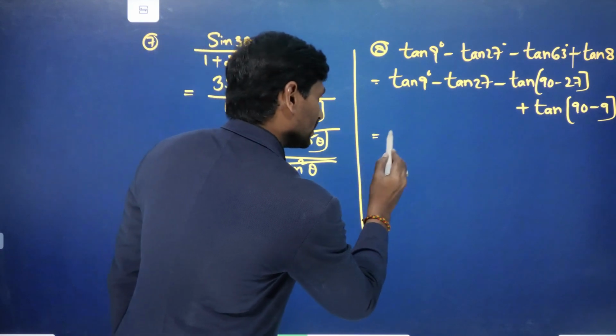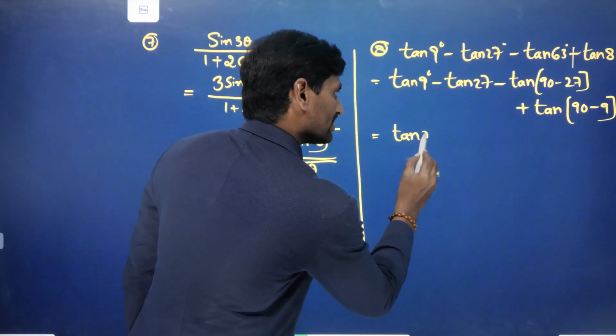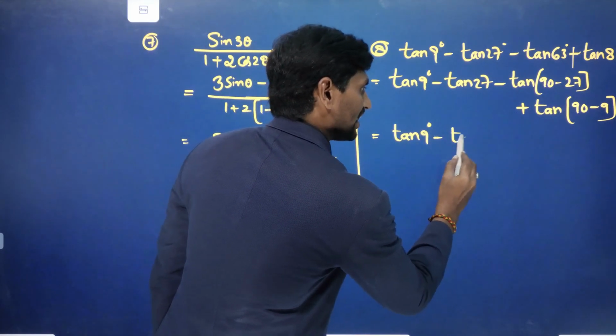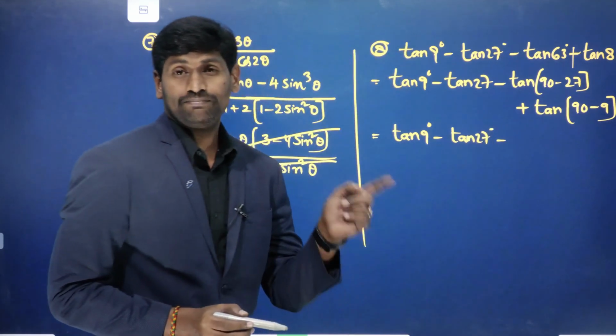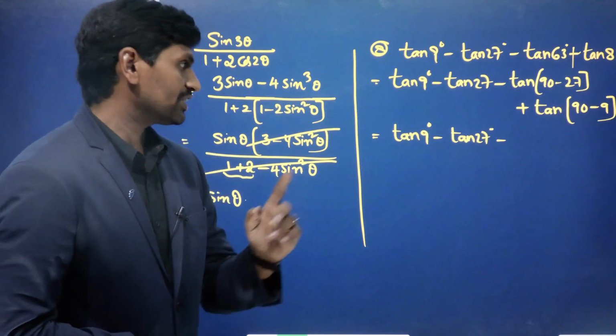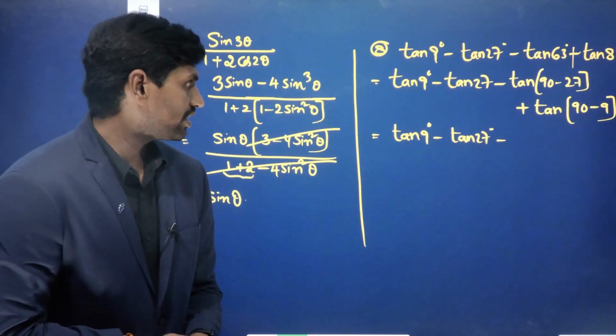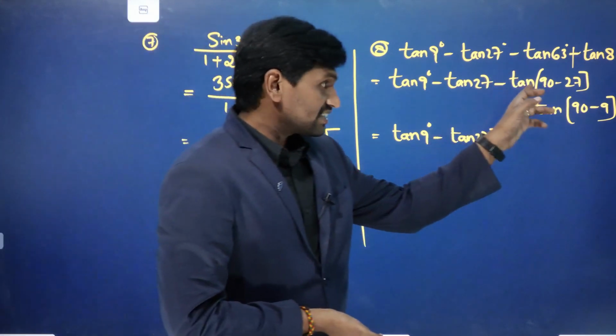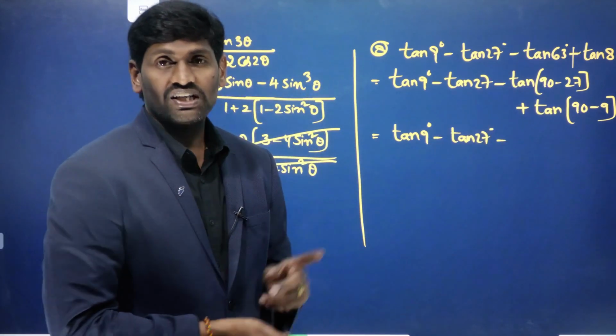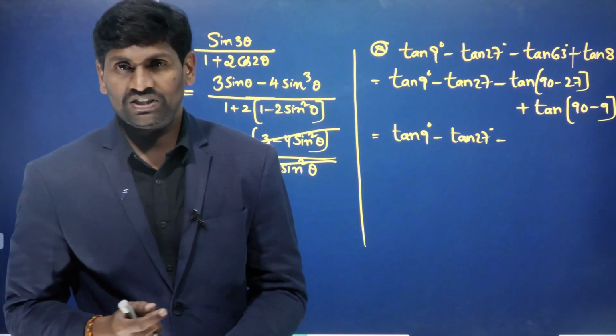Okay? So that is equal to tan 9 degrees minus tan 27 degrees, and 90 minus theta, which quadrant? First quadrant. In the first quadrant all are positive. Whenever it is 90 and 270, the trigonometric ratios will change.